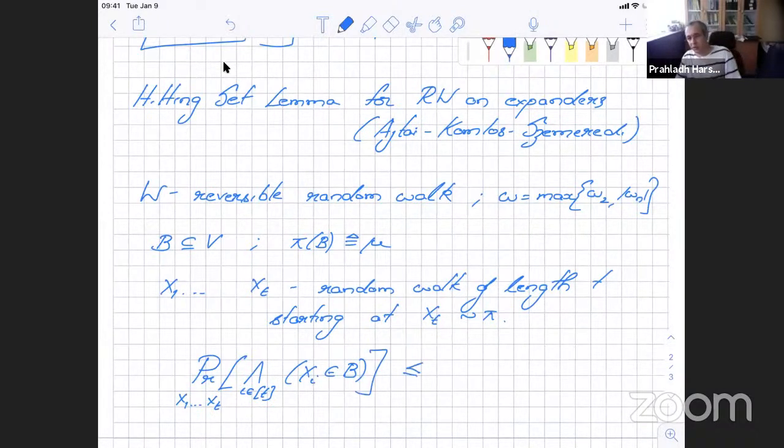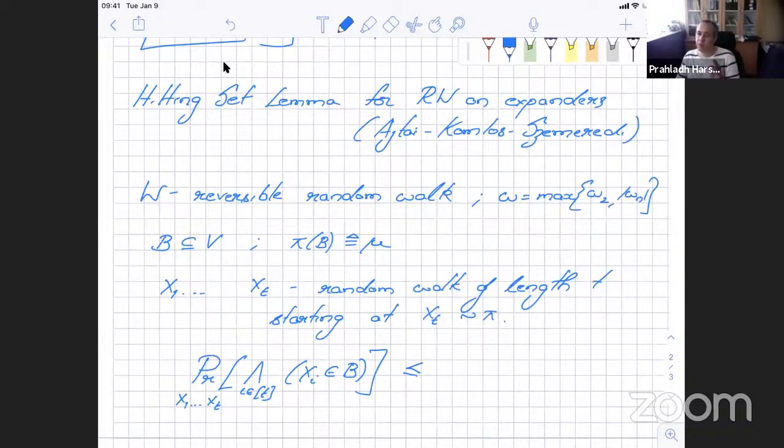We'll upper bound this. Now suppose the walk was actually independent, so every vertex was picked with probability according to the stationary distribution pi. Then what would this be?